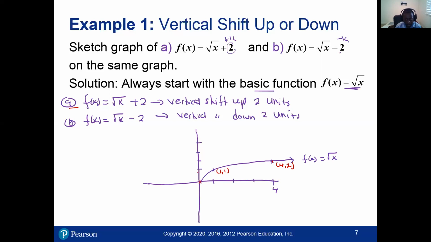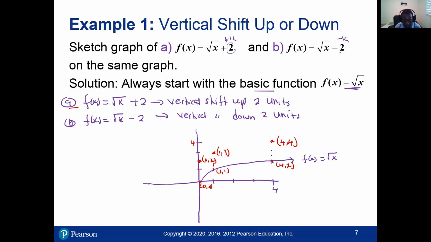So the origin, 0, 0, goes up and becomes 0, 2. Then this point goes up and the x coordinate is the same, but the y coordinate is 3. And this point, 4, 2, becomes 4, 4.